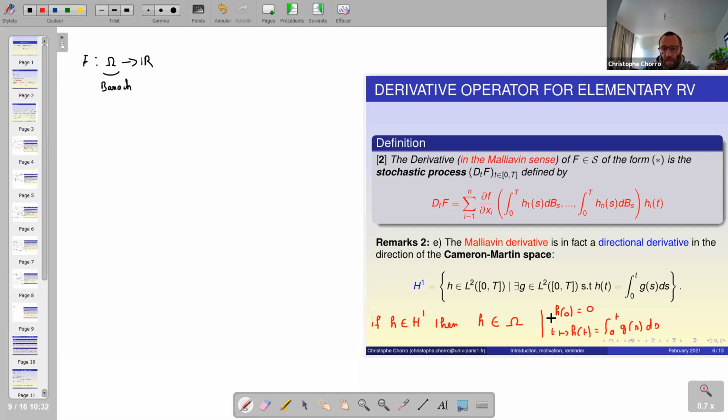Let me remind you how to prove the continuity of this mapping.